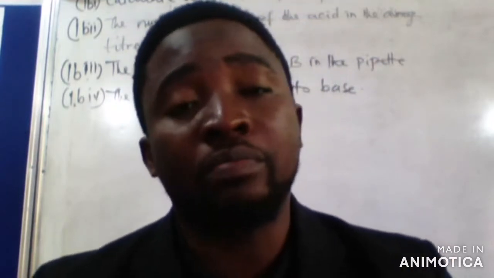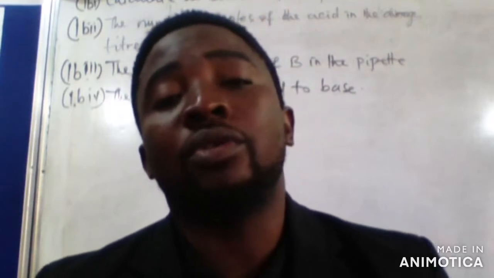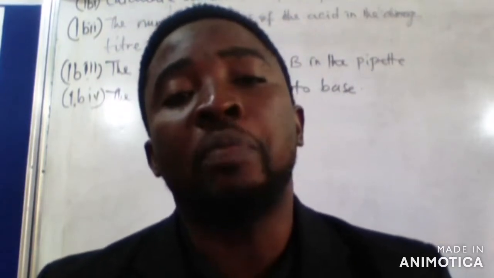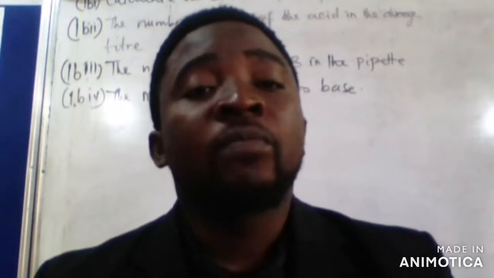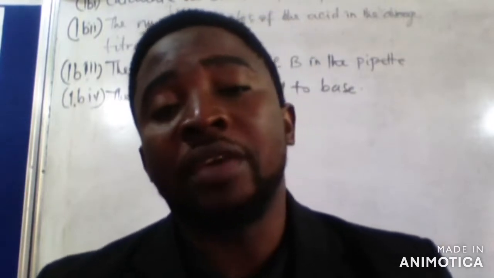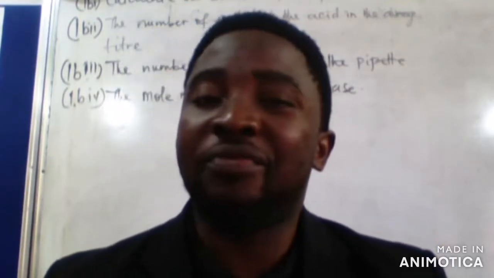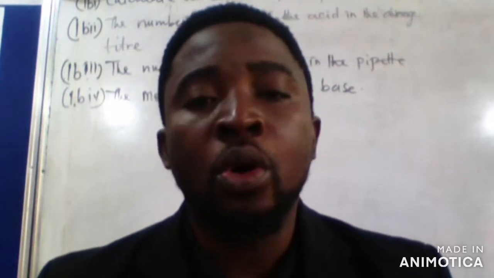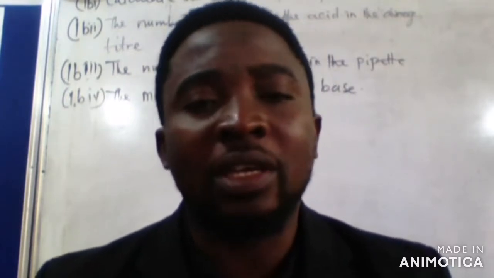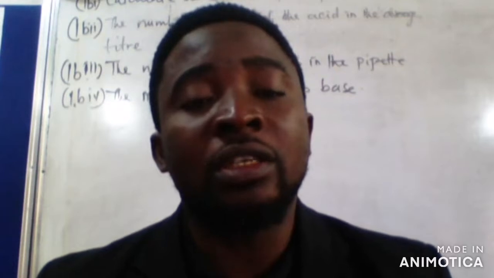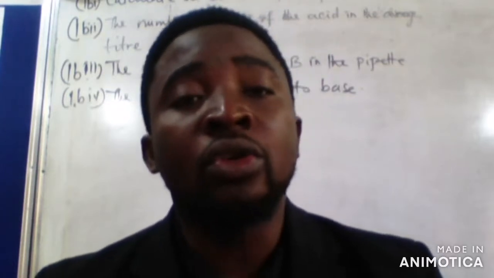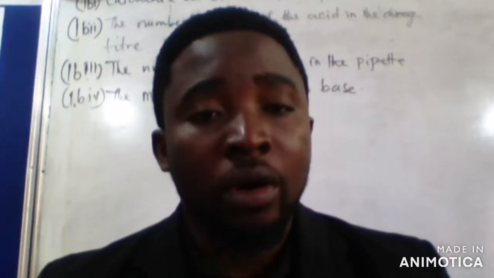Concentration B was given as 0.12 mole per dm cube in the question, but that of A was given as 2.3 grams in 500 cm cube of the solution. So these parameters were given, and we're going to be using them to solve the questions on the board.